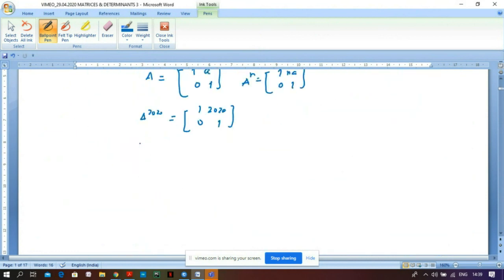Okay, so let's move on to our next example. It's a curious thing. So find the number of ordered pairs.